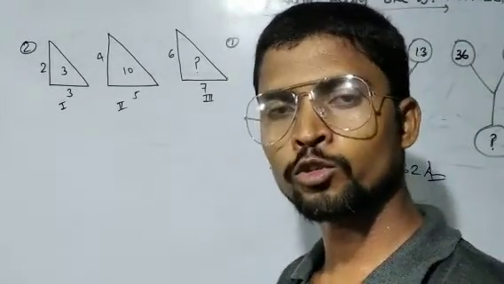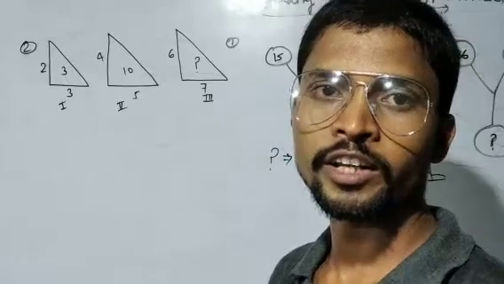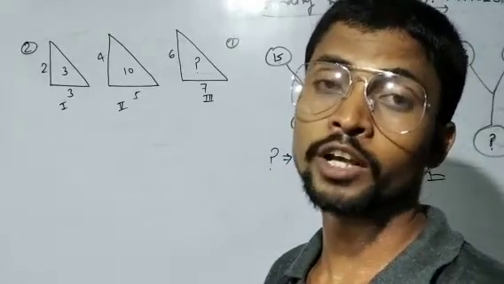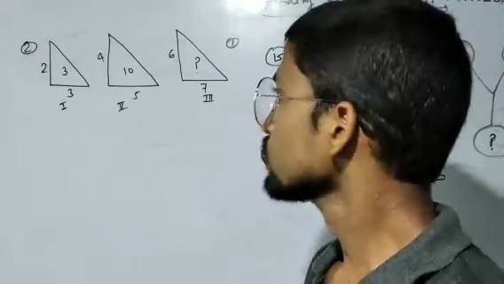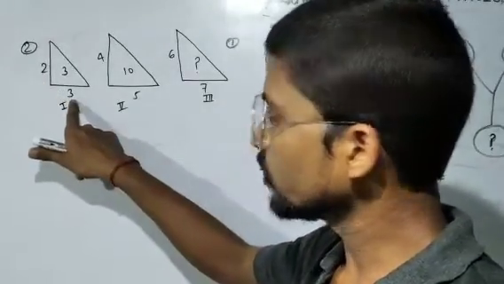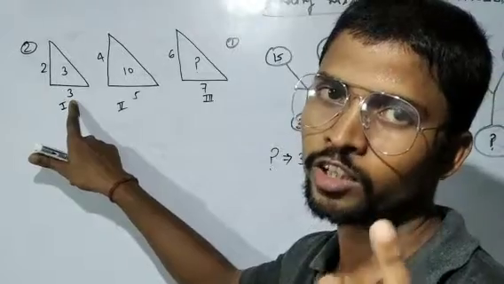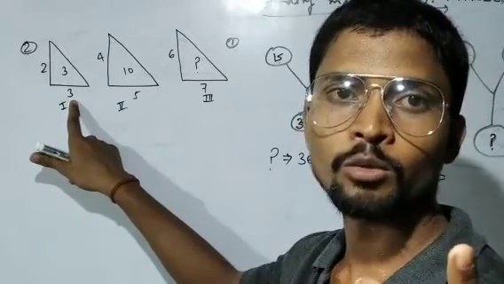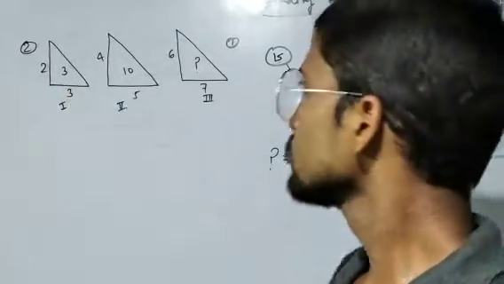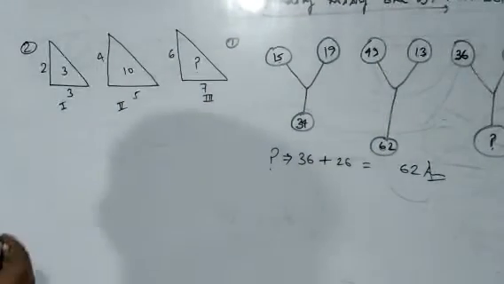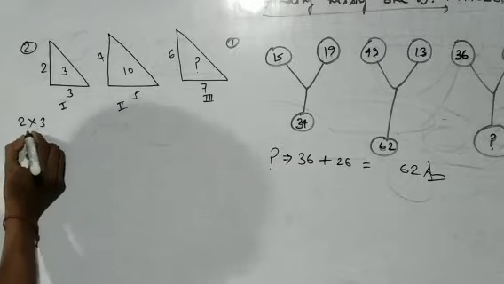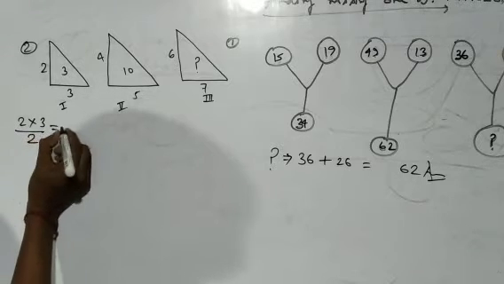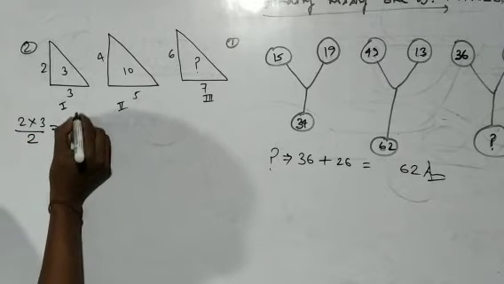First of all, we have to understand how the numbers have been written inside and outside the triangle. When 2 is multiplied by 3, we get 6, and 6 divided by 2 gives 3. So the outside numbers are multiplied and divided by 2 to get the inside number 3.